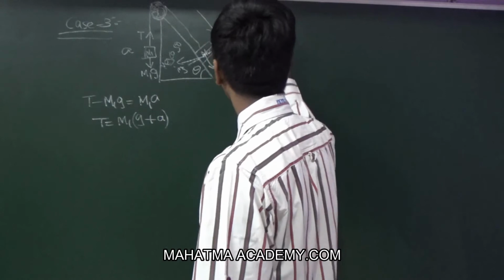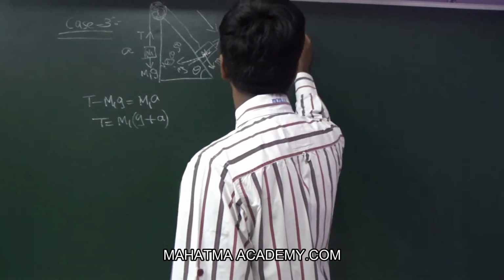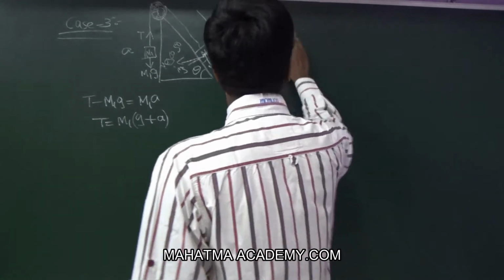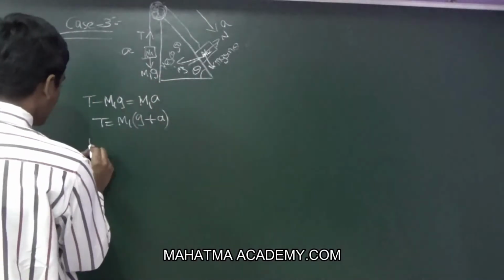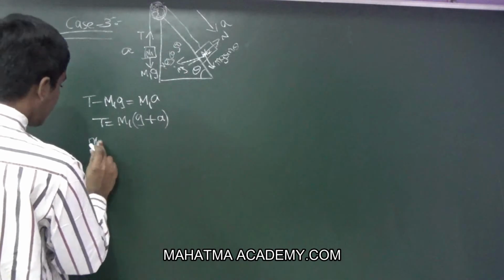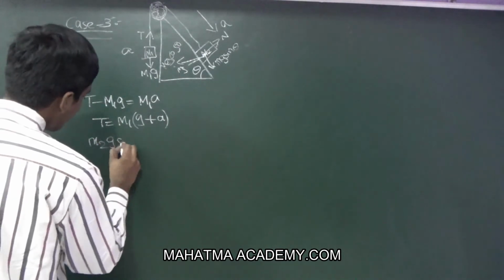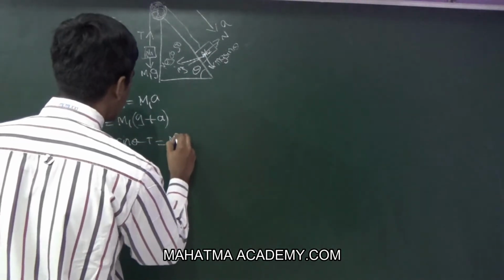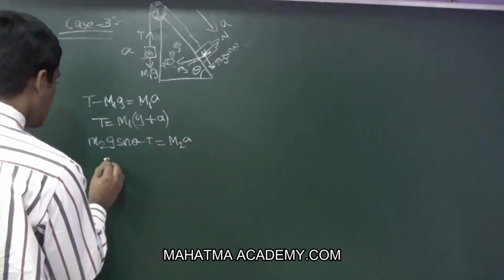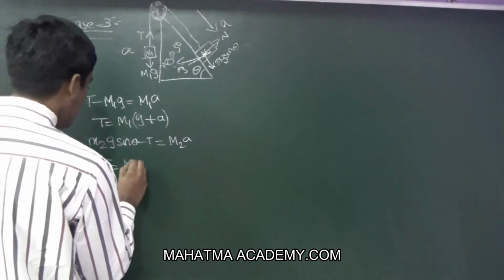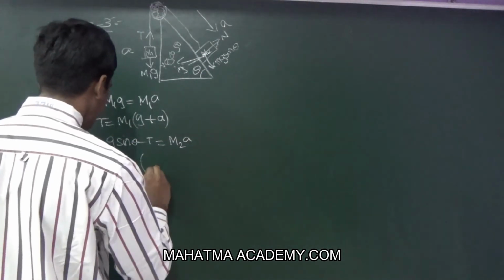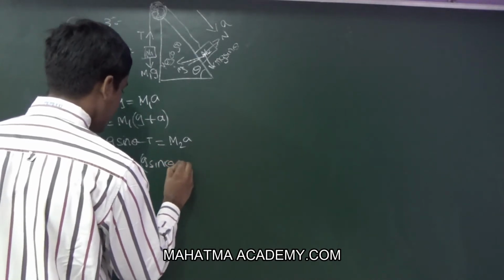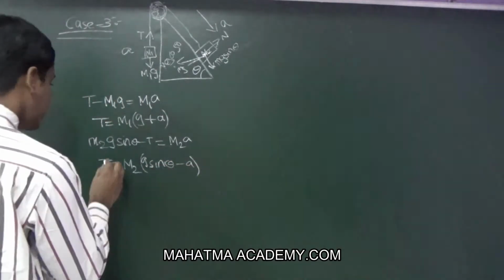So for the second body, m2g sin theta minus T is equal to m2a. So the tension will become m2 into g sin theta minus a.